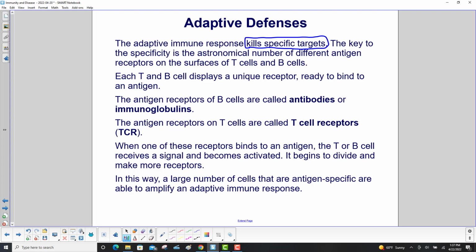When one of these receptors binds to an antigen, the T or B cell receives a signal and becomes activated. It begins to divide and make more receptors. In this way, a very large number of cells that are antigen specific, that's the key to the adaptive system here, are able to amplify an adaptive immune response.